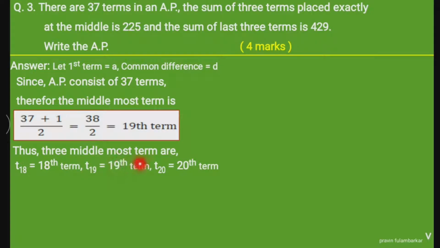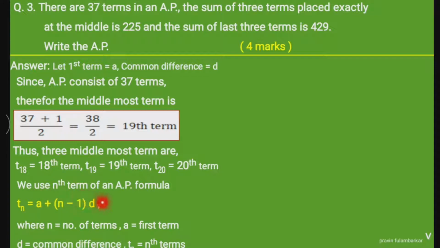Thus the 3 middlemost terms are T18 equals the 18th term, T19 equals the 19th term, T20 equals the 20th term. We require the middlemost terms, so we consider here T18, T19 and T20 as the 3 middle terms.